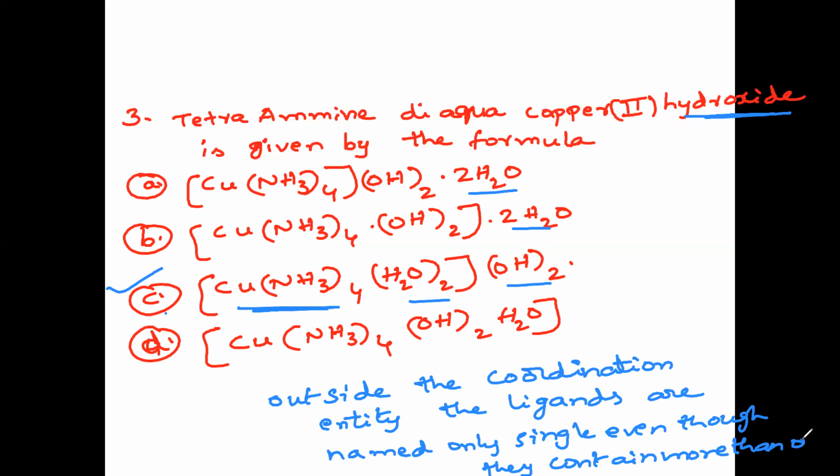So this is very, very important. Please note it down. Even though they contain dihydroxy, we'll write simply hydroxide. So I hope this is clear. So this is question number 3.